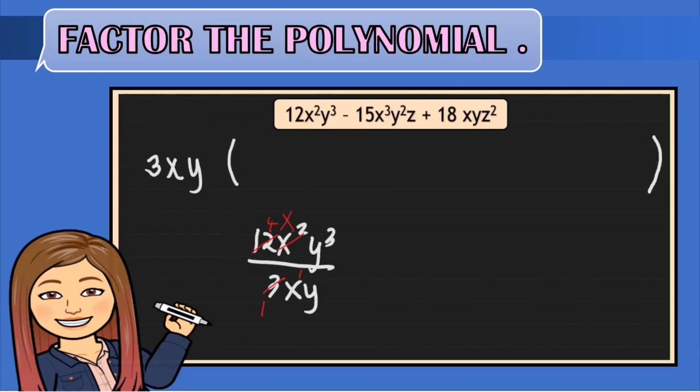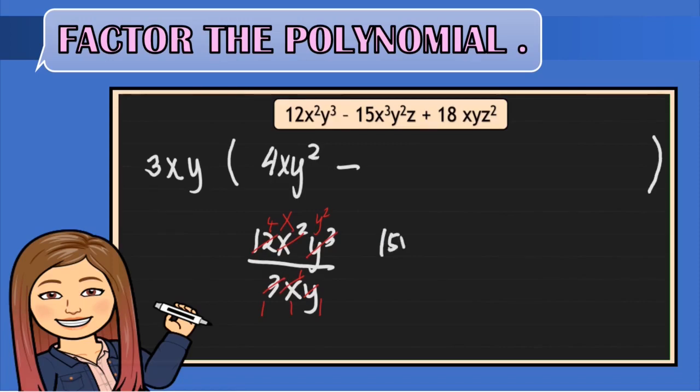That's 2 minus 1. So x to the power of 1 is x. This one is 1. Y cubed divided by y is y squared. And this is 1. So the quotient is 4xy squared. Then copy the sign minus.